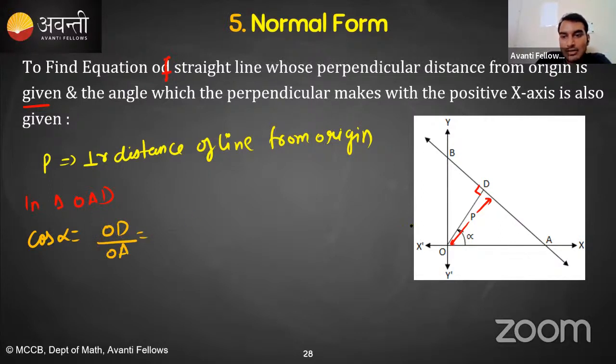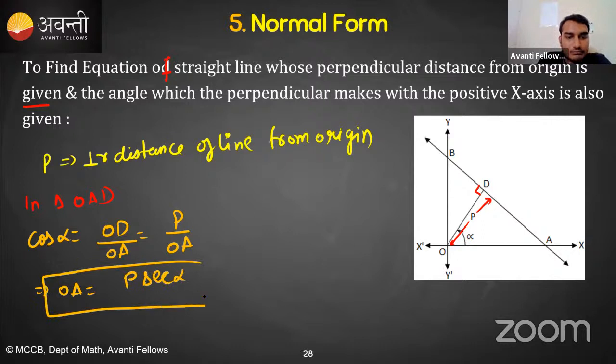OD is perpendicular distance of line from origin, which is P, and OA. So it implies OA कितना आ गया? OA is P sec alpha. तो ये हमने निकाली है, कितना आ गया? P sec alpha. Clear? Is this clear?